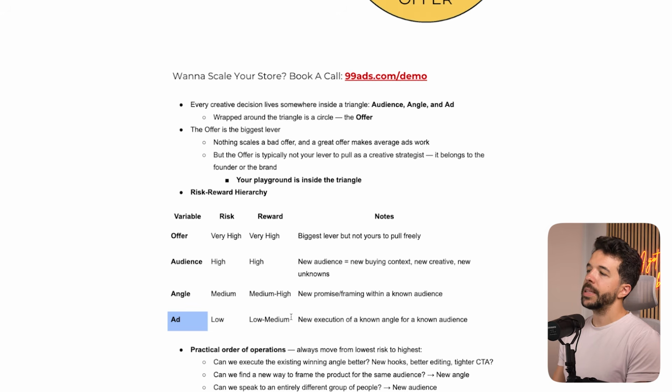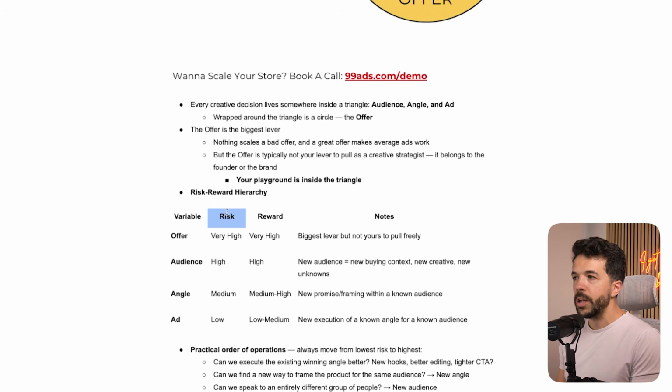And this is something that I usually see founders confuse, because they come to us and ask, so what is your typical failure rate? What is your typical win rate? And that is a question that's kind of stupid, because if I'm focused on opening up new angles or new audiences or new offers, obviously my failure rate is going to be higher because the risk is higher, but the reward is also going to be higher.